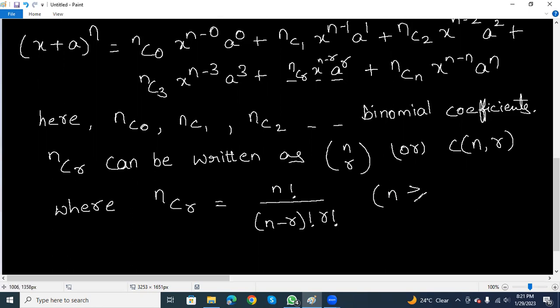N should always be greater than or equal to R. NCR is equal to N factorial by (N minus R) factorial into R factorial.